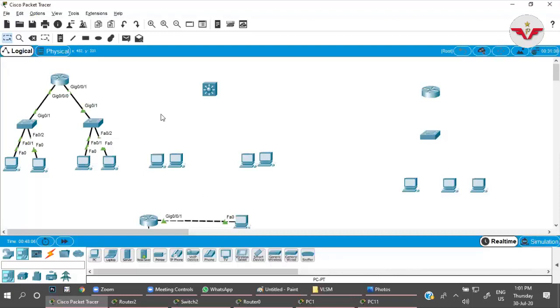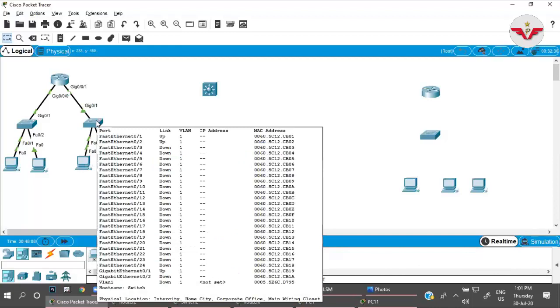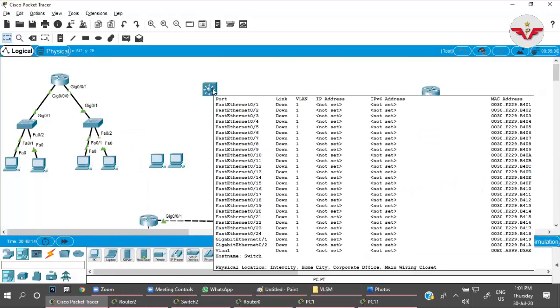Now if you check the hardware configuration, it is also different. If you check here in the packet tracer, I don't know if it will show you or not. Fast Ethernet port and gigabit port. Let me check. No, in here it is not showing like that. But if you see it physically, the name itself will show you that it is a layer 3 switch, and the physical configuration is also different.